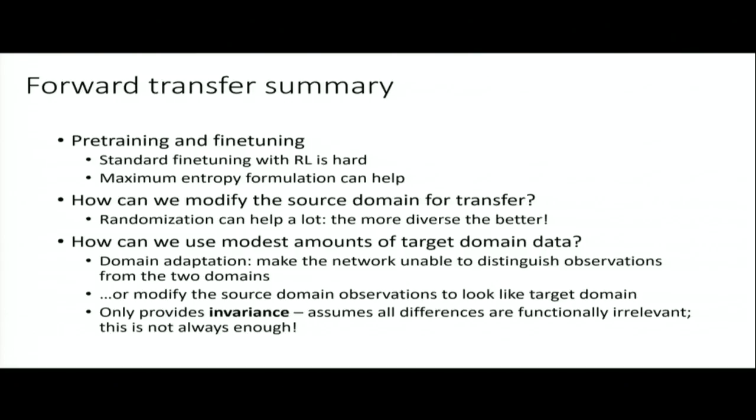So for example, if you have a simulation of a car driving around on the street and maybe your simulator doesn't simulate pedestrians, well, you don't want to just ignore the pedestrians in the real world. You need to somehow actually account for those things. So these methods provide invariance, but they do not try to pick out functionally relevant variation between the two domains, and that's kind of at the frontier of current research in this field.